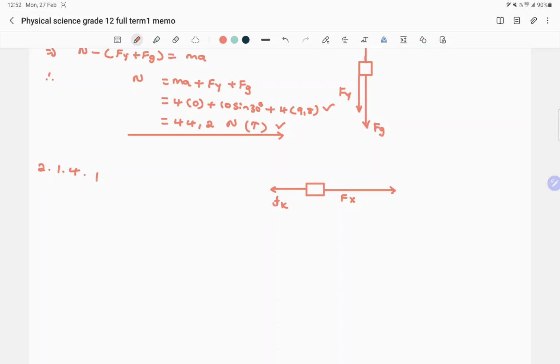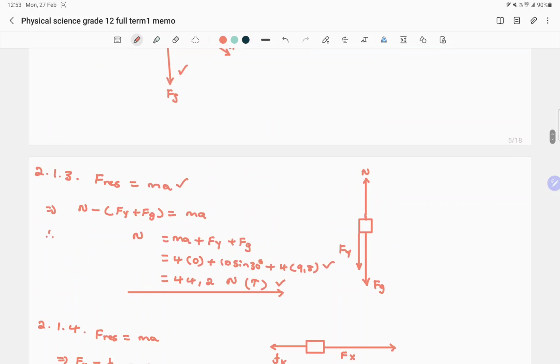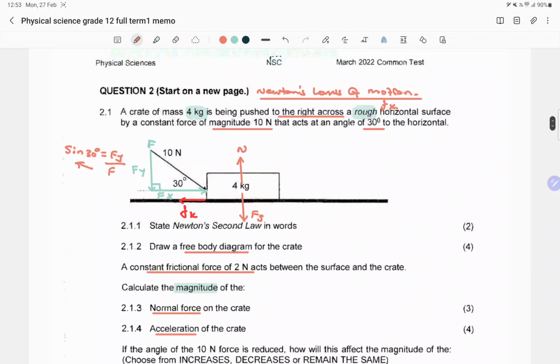So again, from Newton's second law of motion, F res equals ma. This implies, now we know that we're going to make this one dominant, Fx minus Fk equals ma. Alright, now let's go for it. What is Fx? Again, you're looking at this diagram.